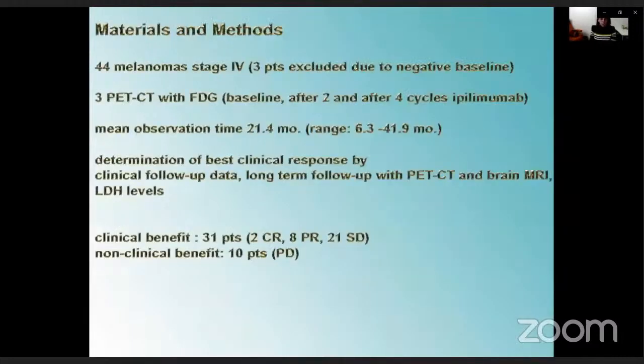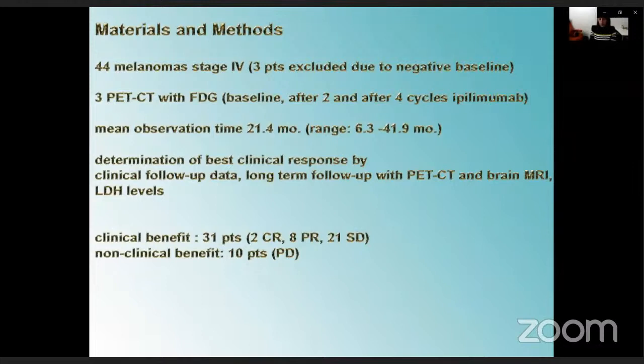So we could examine 44 patients with metastatic melanoma, 3 PET-CT studies, and the patients were first classified according to the clinical benefit. So we dichotomized the patients into patients with complete response, partial response, and stable disease. 31 patients had clinical benefit and 10 patients showed progressive disease.